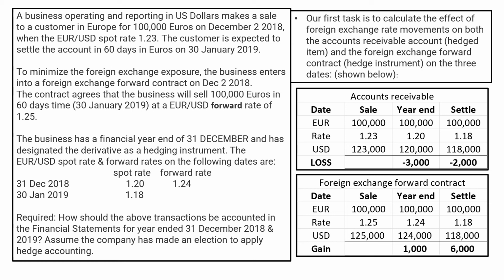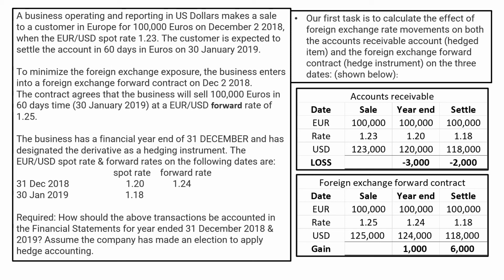Let's look at the foreign exchange forward contract account. The value of this derivative will depend on movements in the forward rate. On the date of sale, the company agreed to sell 100,000 euros in 60 days time at a forward rate of 1.25. So that fixes the amount that the company is going to receive, which is $125,000.